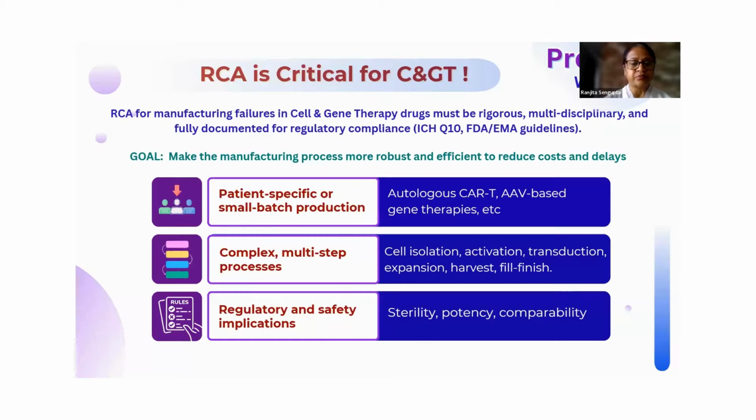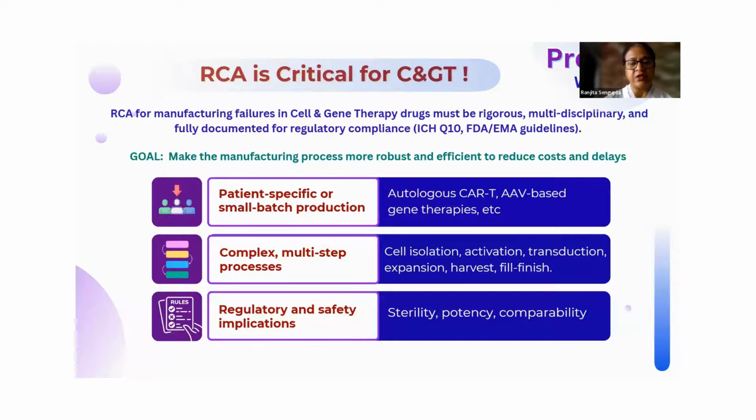Next, please. So root cause analysis for manufacturing failures has to be very rigorous, multidisciplinary, and it's a regulatory requirement to be fully documented for compliance. And so the goal is to make the manufacturing process more robust and efficient to reduce cost and delays. And again, it's a complex multi-step process, as I mentioned. Also, it can be patient-specific, as I already mentioned, for autologous CAR T therapy, where you take the patient cells and then infuse them back.